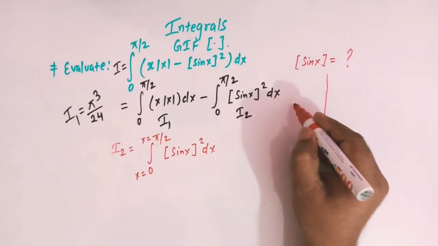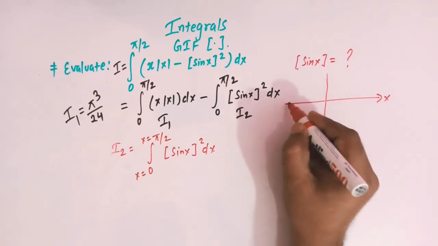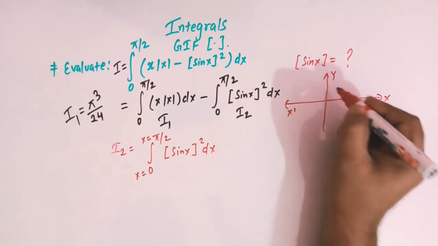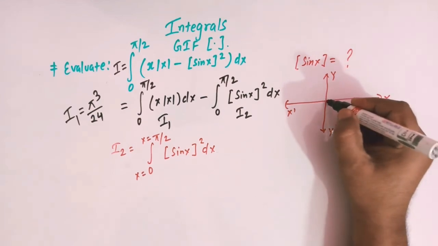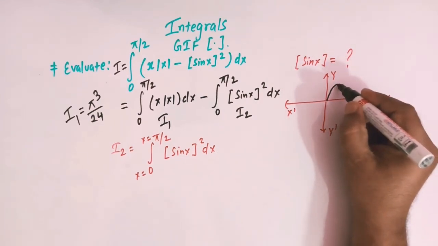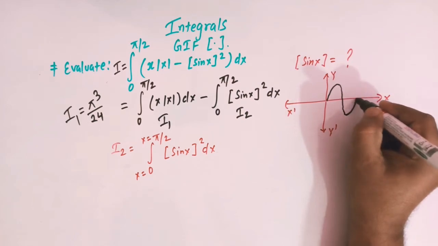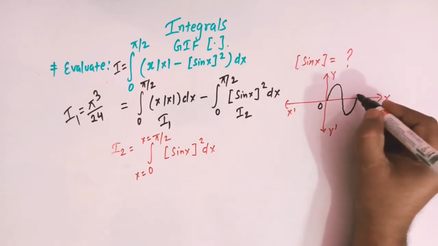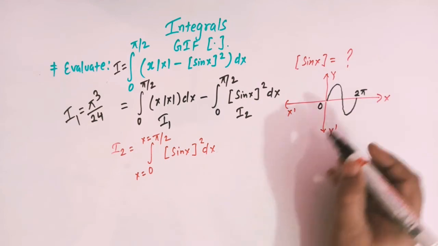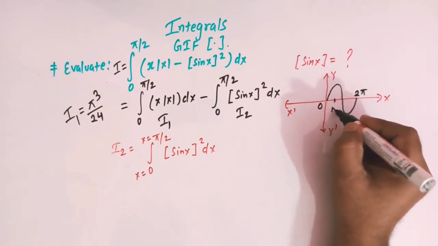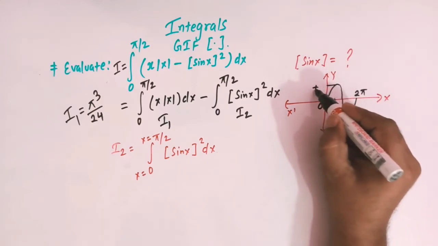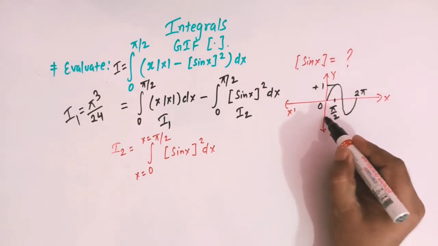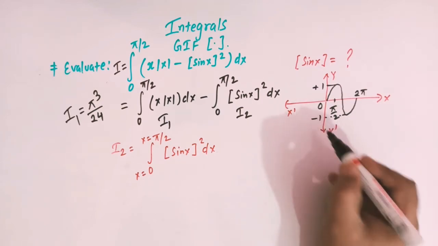So here we'll have the graph of sin x, and this is y-axis. So now we can draw the graph of sin x like this, right? So we are just taking the graph from 0 to 2 pi, right? And now here we have pi by 2, and here we have minus 1, right?